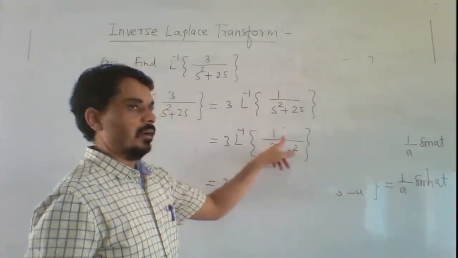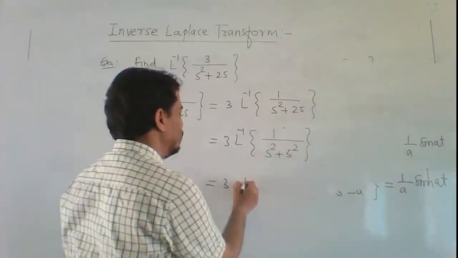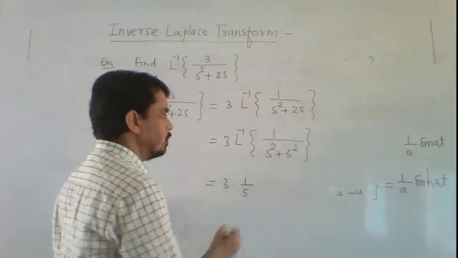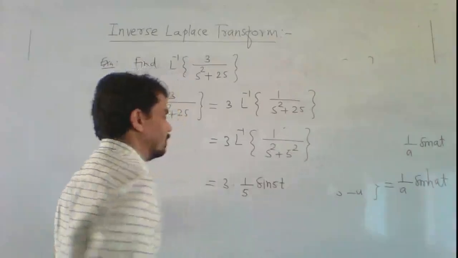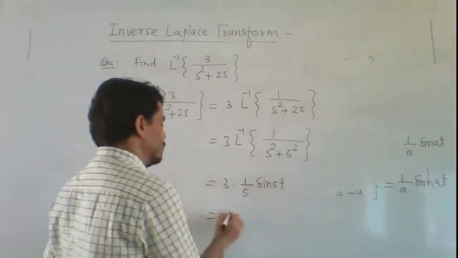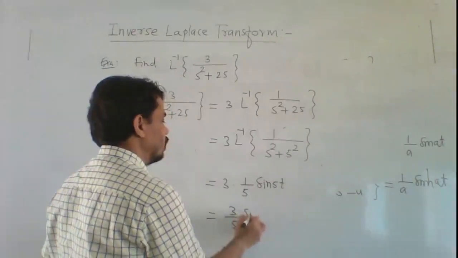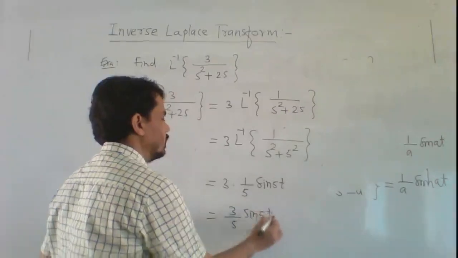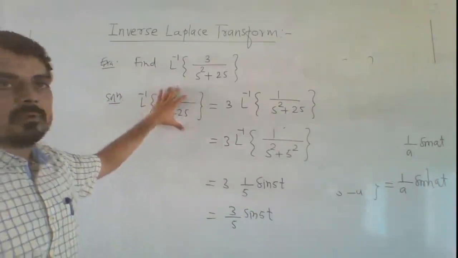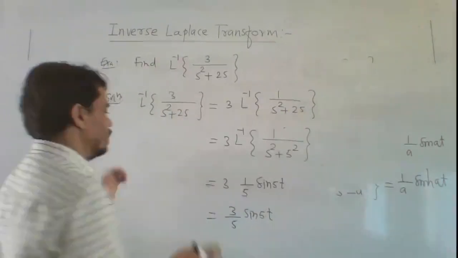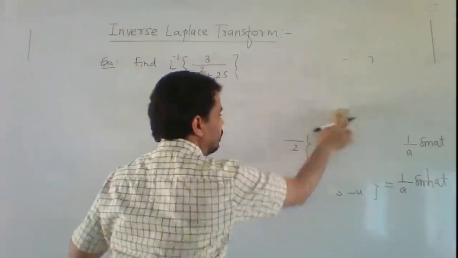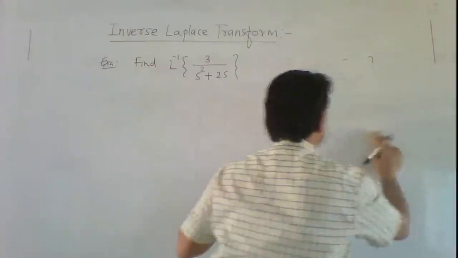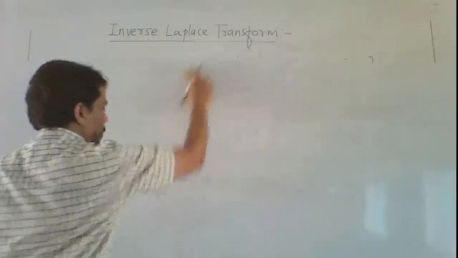But there is 1, not 5, so write there 1 by 5 sin 5t. So the total answer is 3 by 5 sin 5t, the inverse Laplace transform of this function. In this way we obtain the inverse Laplace transform of some simple examples by using some elementary formulas.